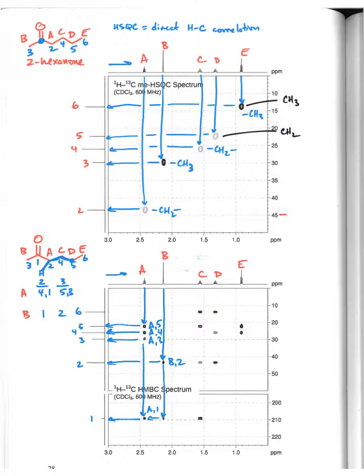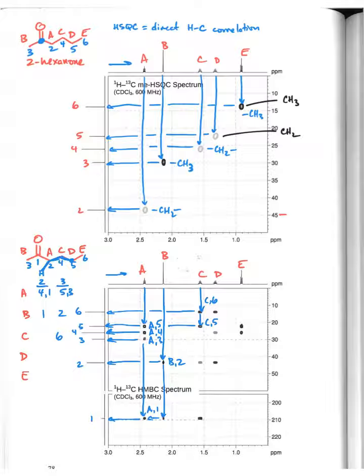We now move on to C. So we have C seeing 6. That's going to be 3-bond. We have C seeing 5.